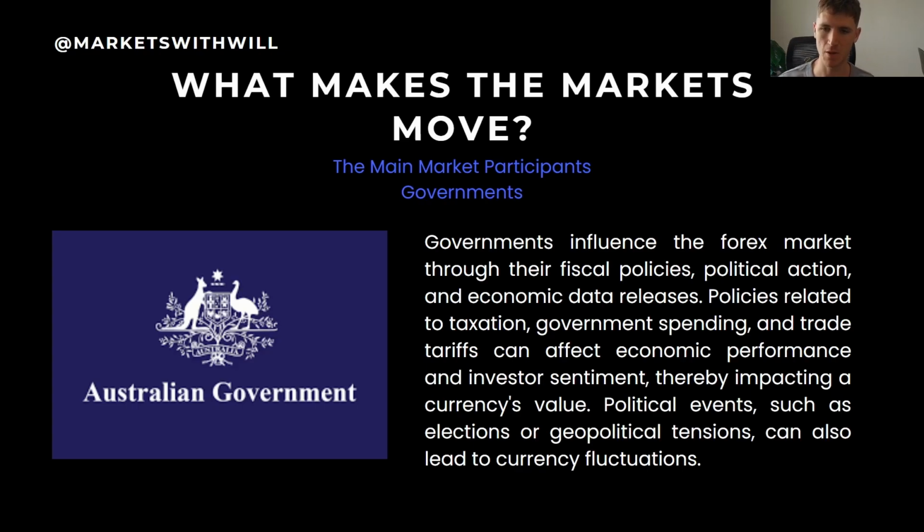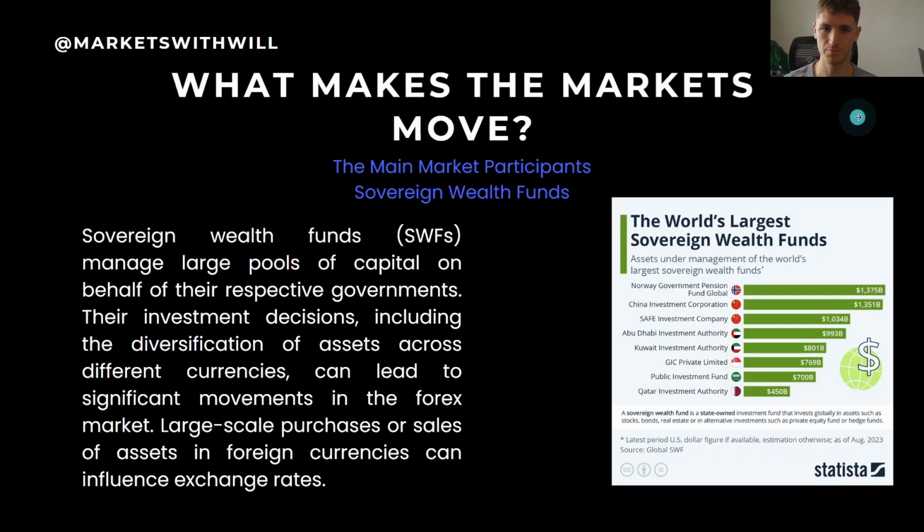So for any upcoming speeches or events like that, you need to have an idea of the economy's health overall, but also be careful of that event and manage your risk during that time, because they can be quite volatile.